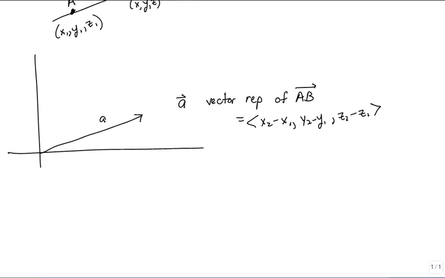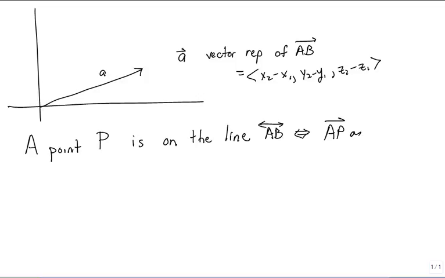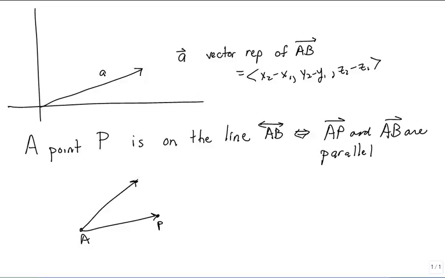So, one fact is that any point P is on the line AB if and only if AP and AB are parallel. Now, why is that? Okay, here's AP. Now, if AB is over here, then P's not on that line.